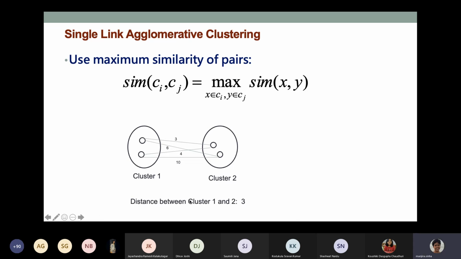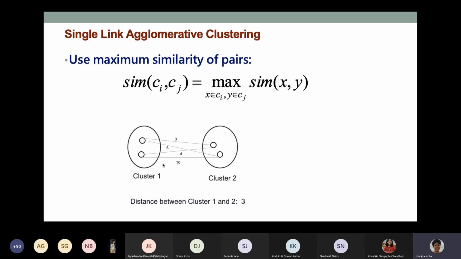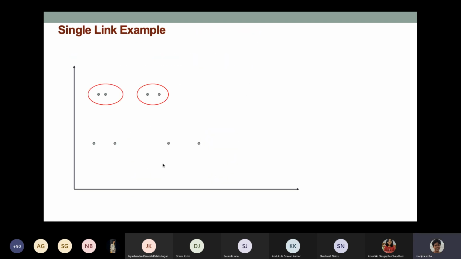So distance between cluster, but just a second. I think there is some problem.